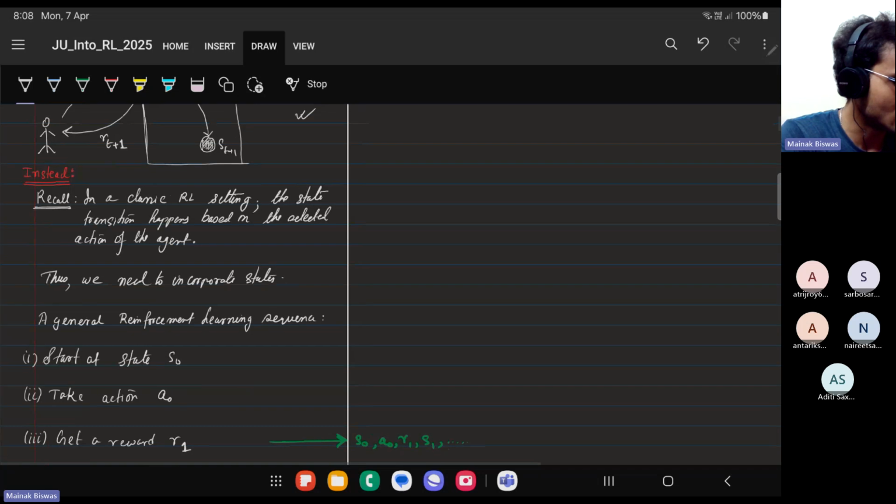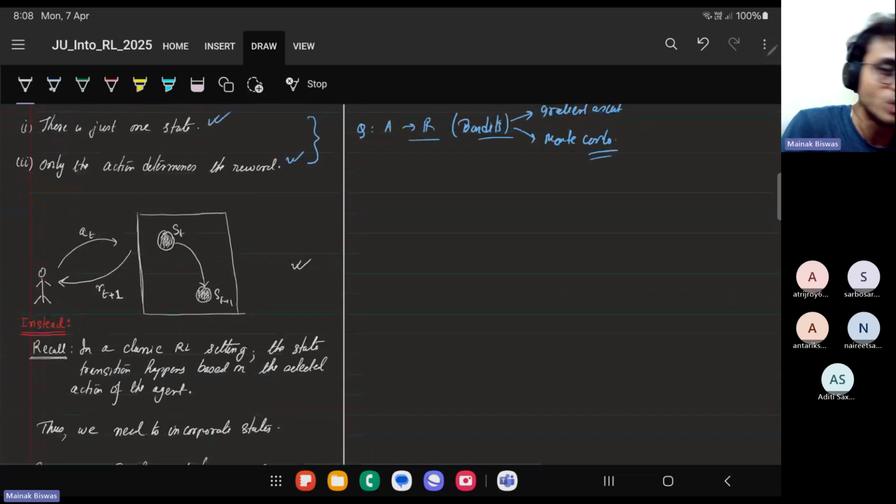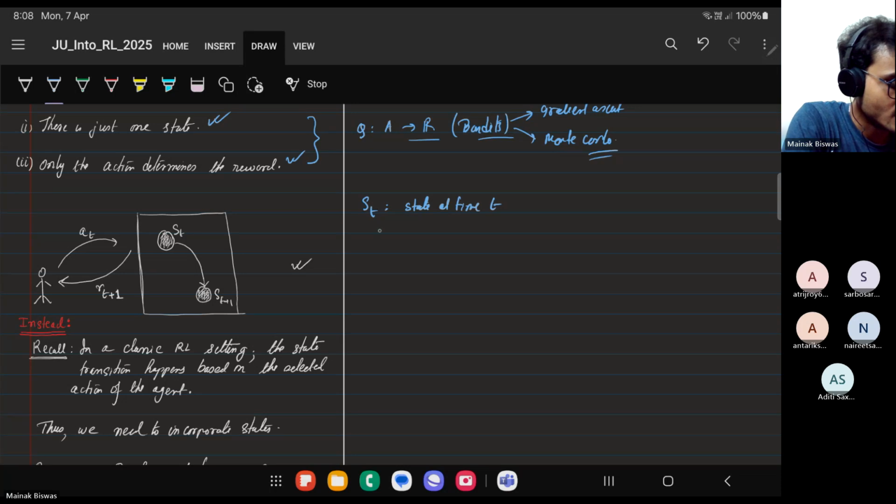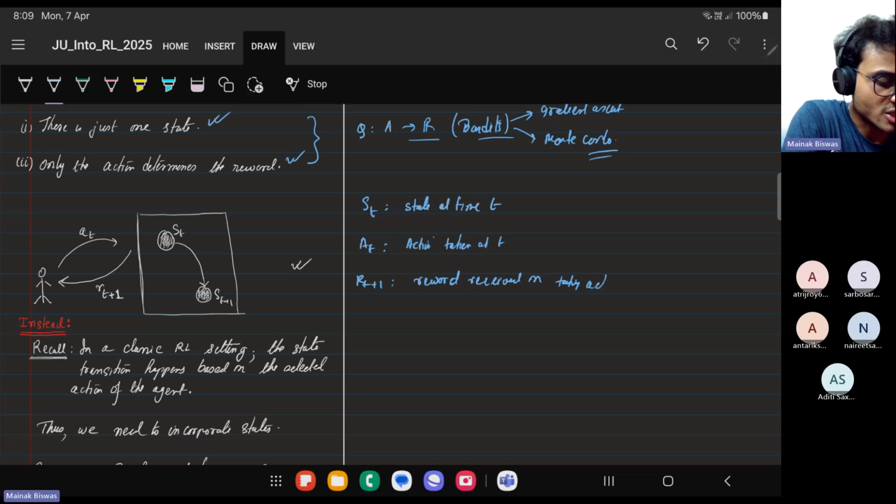This is the notation that I'll be using throughout the rest of the course: St is the state at time t, At is the action taken at time t, Rt plus 1 is the reward received on taking action At, and St plus 1 is the next state.